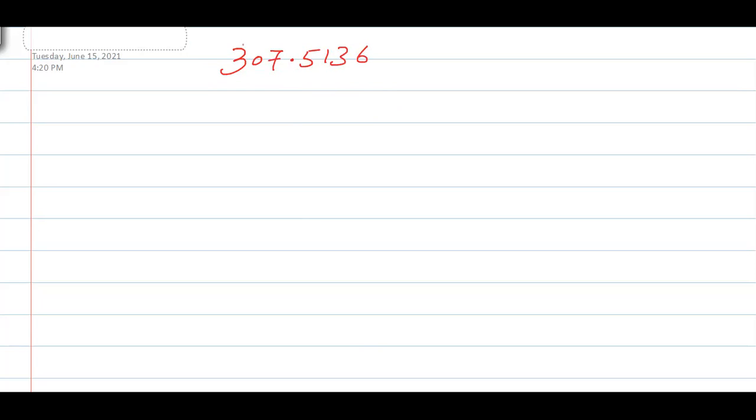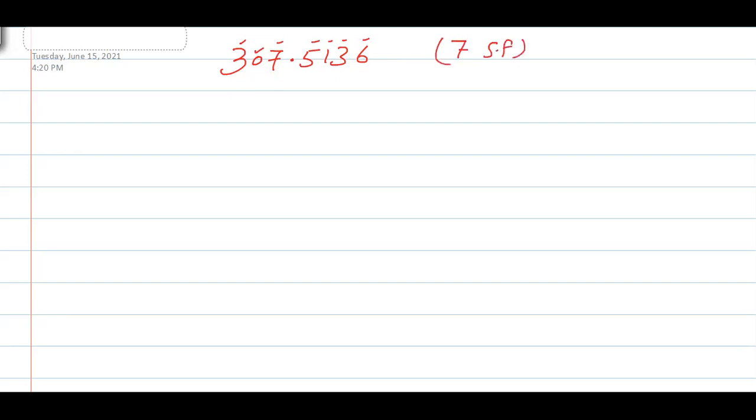One, two, three, four, five, six. Six numbers are clearly significant, and this zero is also a trapped zero. So a trapped zero is also significant. So we can say we have all seven as significant figures. So there are seven significant figures in this number.